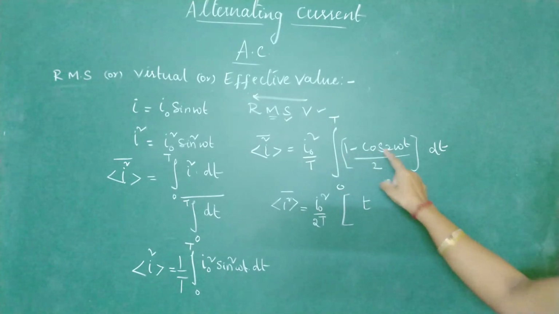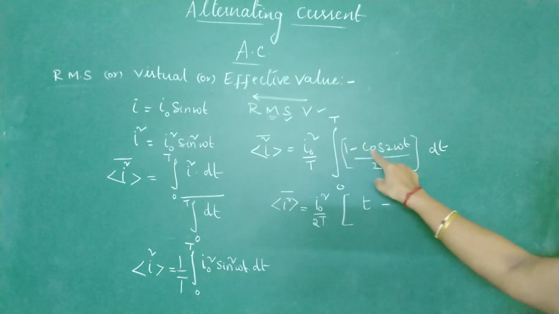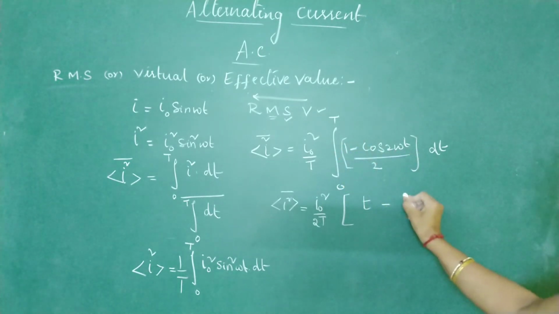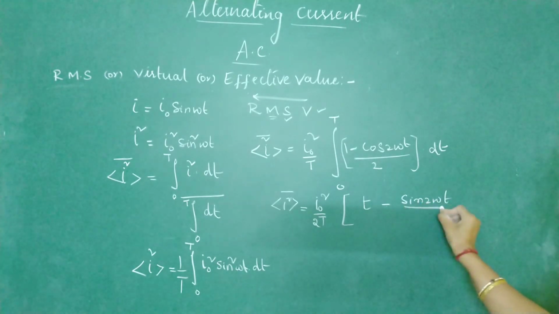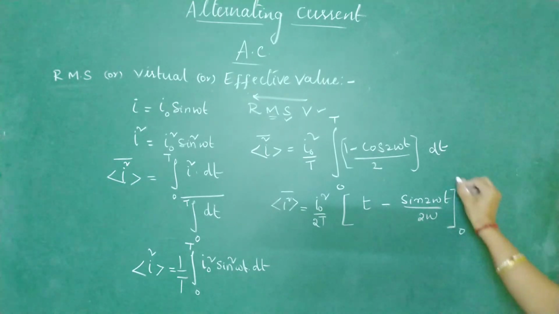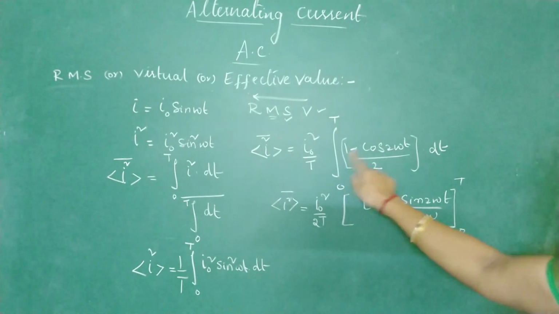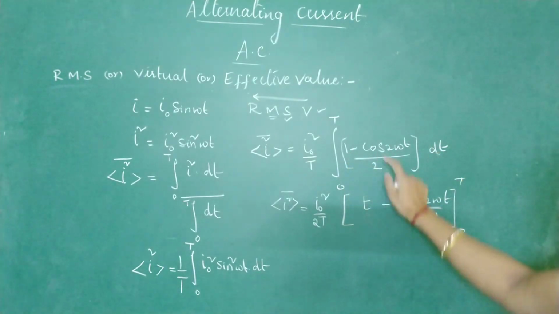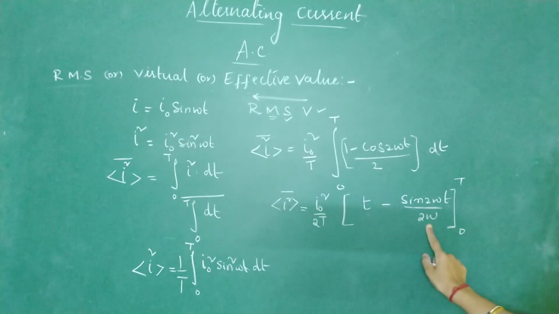Okay, there are two terms here: integral of 1 into dt is t, minus integral of cos 2 omega t, which is sine 2 omega t by 2 omega. What are the limits? 0 to capital T. Once again I repeat, 2 we took outside, integral of 1 into dt is t, integral of cos 2 omega t into dt is sine 2 omega t divided by 2 omega.